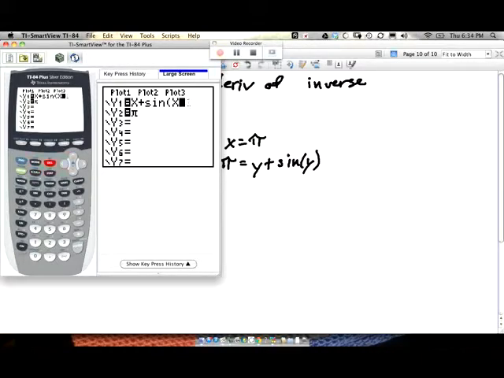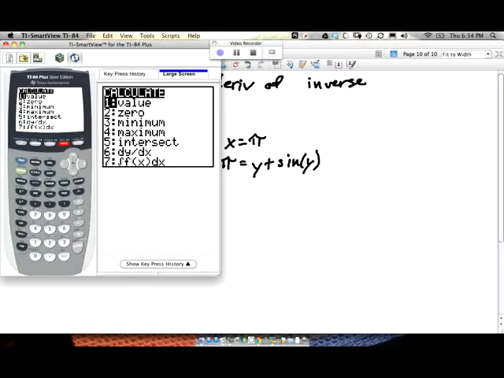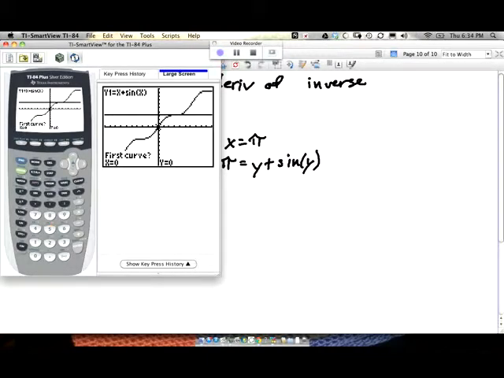We don't need any of these other buttons. Close it off. All right, there we go. Let's graph them. And it looks like we're right about here. So let's solve for that intersection. Second, calculate intersect, which is number 5. Now I got to scroll over.